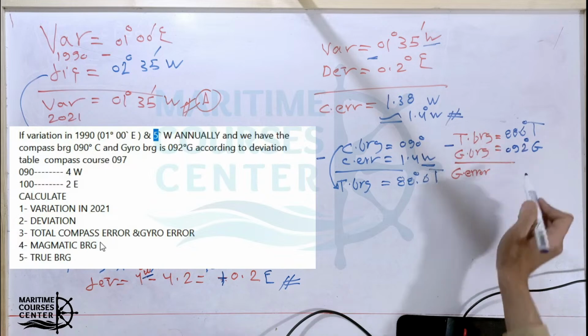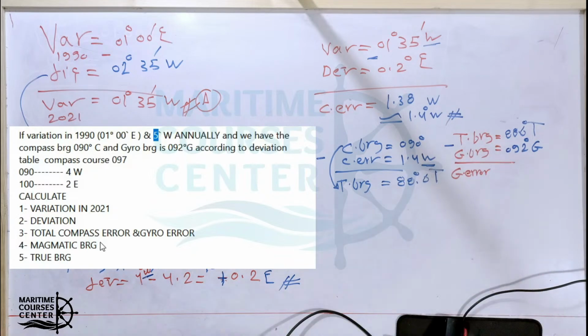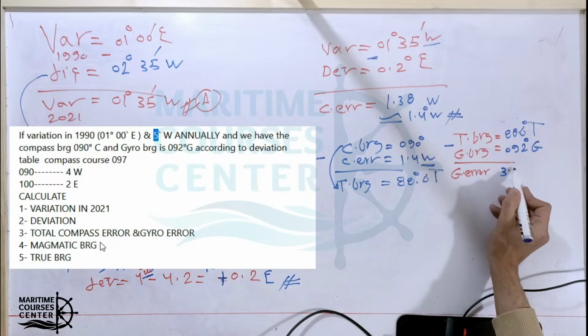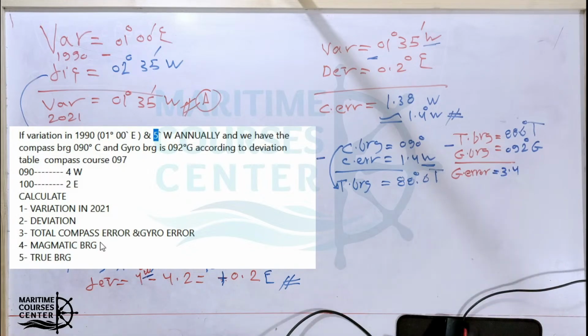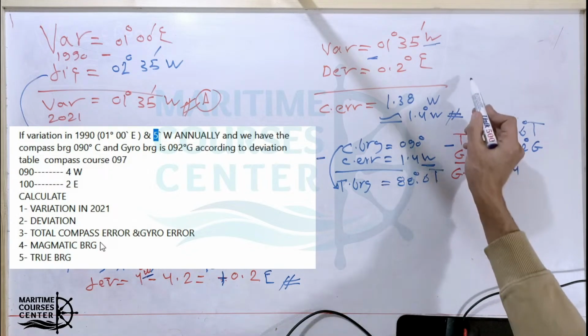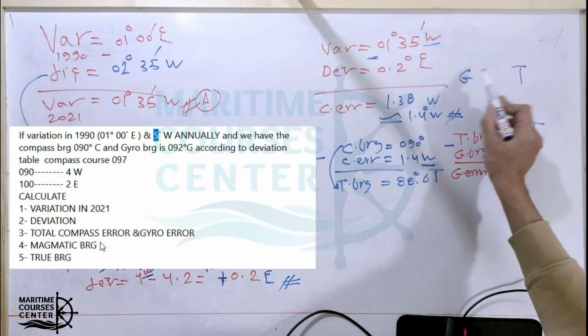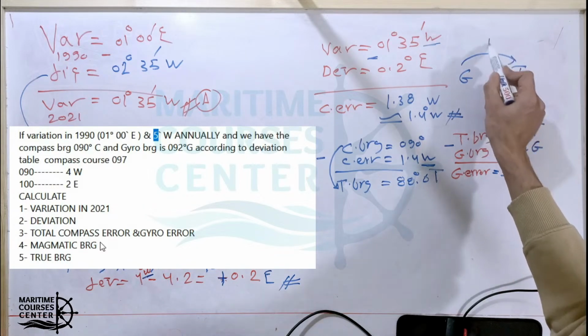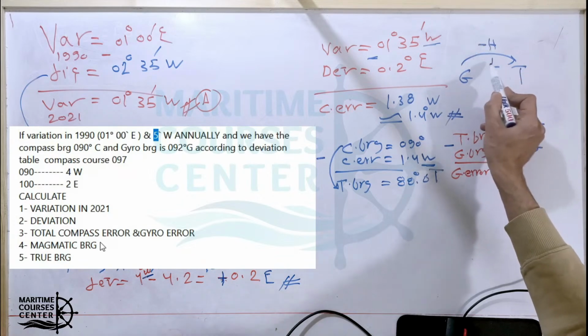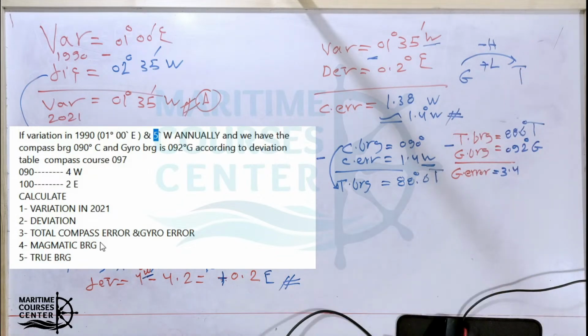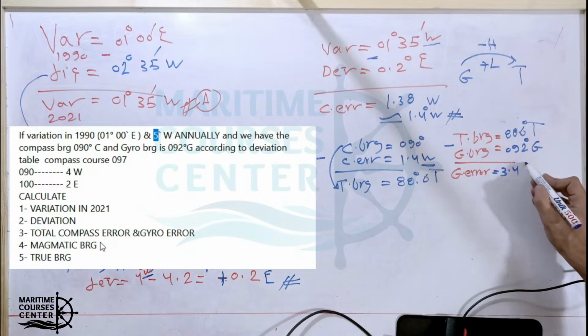So we're going to make minus: 92 degrees minus 88.6 is going to be 3.4. Okay, so in gyro, from gyro to true, high we're going to minus, and low we're going to plus. So right now it's going to be high.